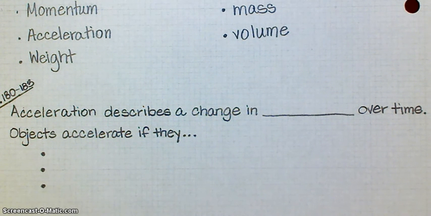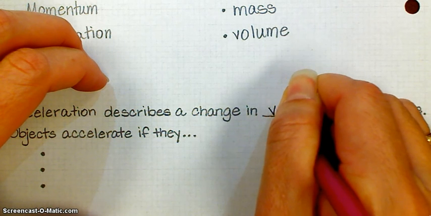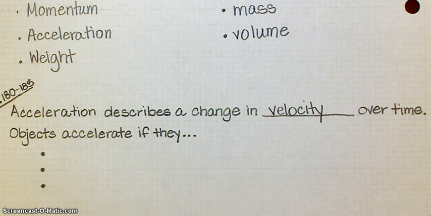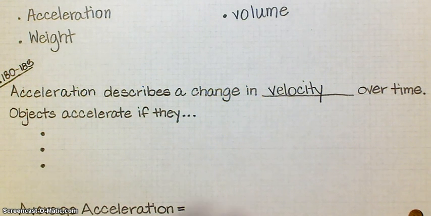Okay. Hopefully you got to this point in your screencasts, because this was written, I think, on page 180. Acceleration describes a change in what? Velocity over time. And objects accelerate if they change their velocity. There are three ways that you can change an object's velocity, because velocity is both speed and direction.